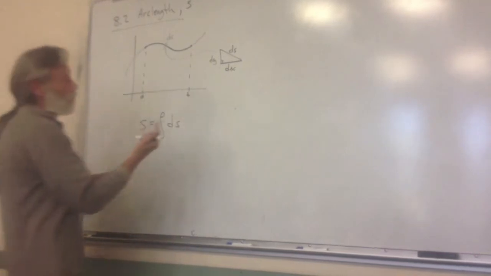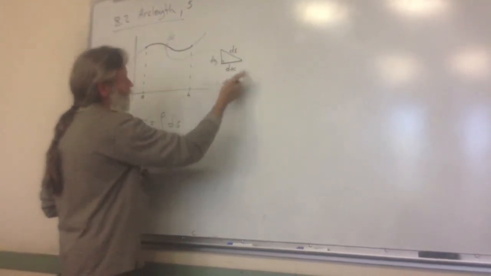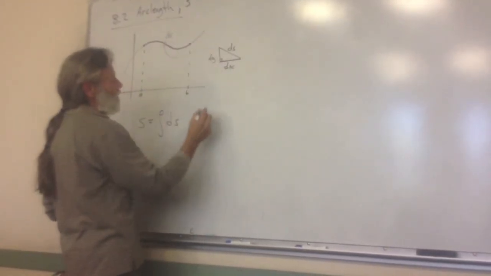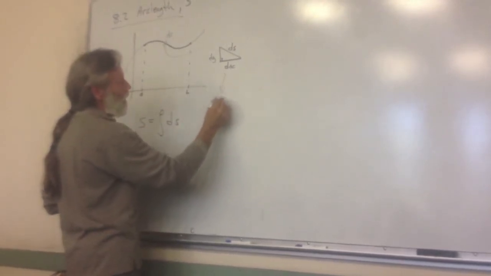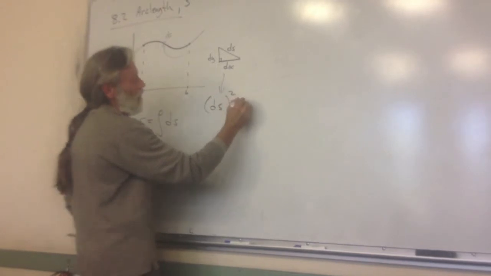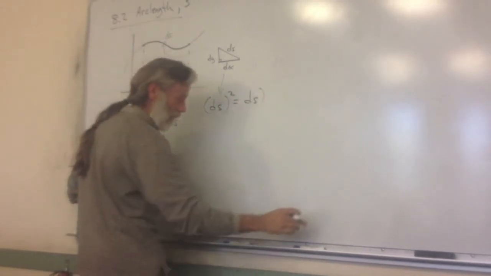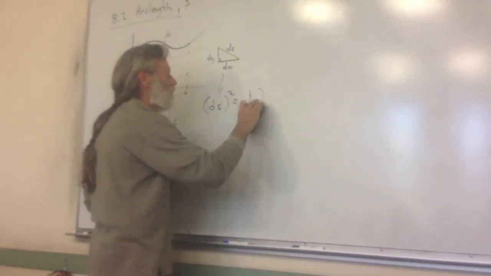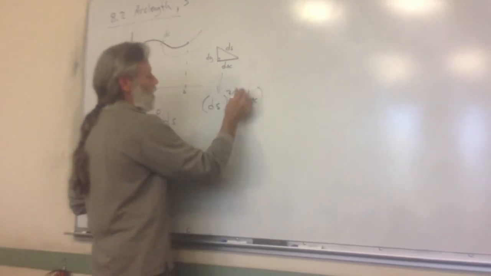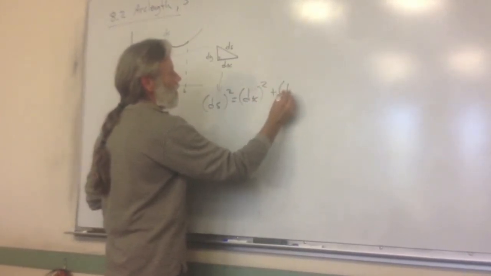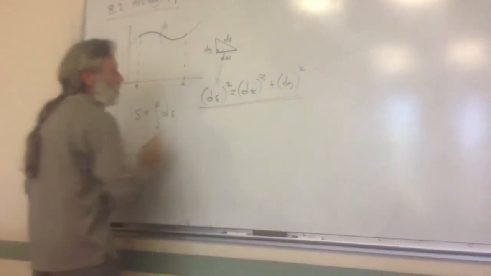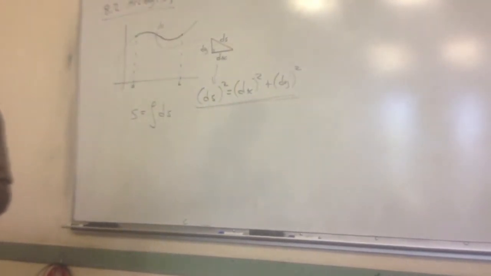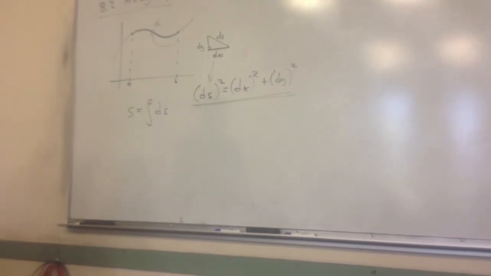And so if that's a reasonable way to think about this, it generates the idea that ds squared is a dx squared plus a dy squared. We just start with that as the basic notion of how arc lengths relate to the differentials in x and y.